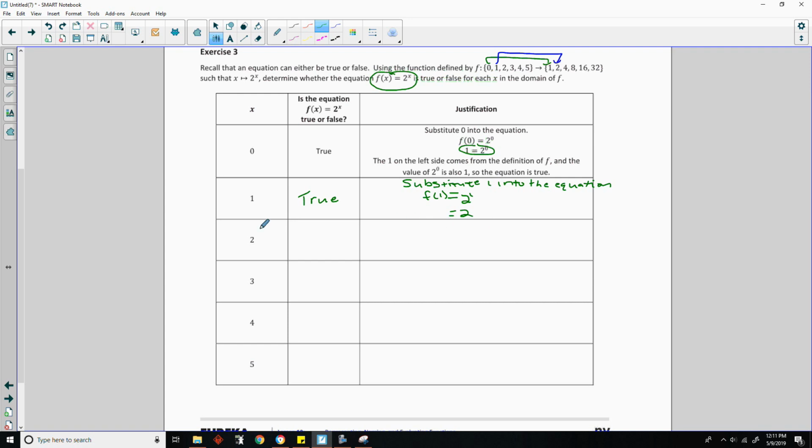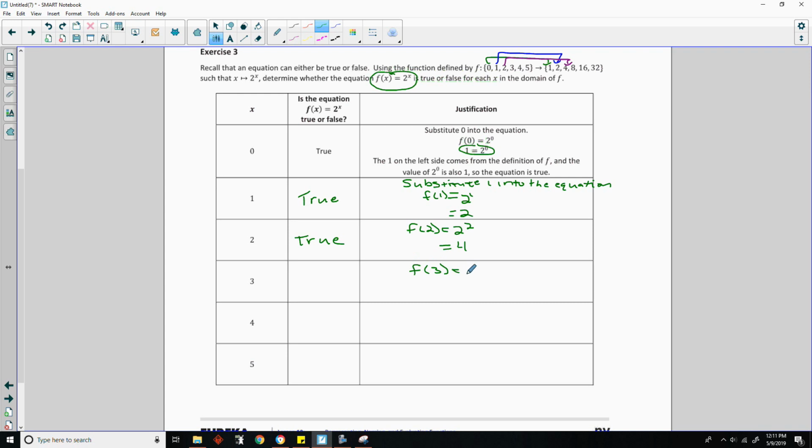Now we're going to substitute 2 into the equation. So we would have f of 2 equals 2 to the 2, which equals 2 squared, or 4. And look up here and see that 2 gets mapped to 4. So that is true. Okay, moving along, now we're going to substitute 3 into the equation.